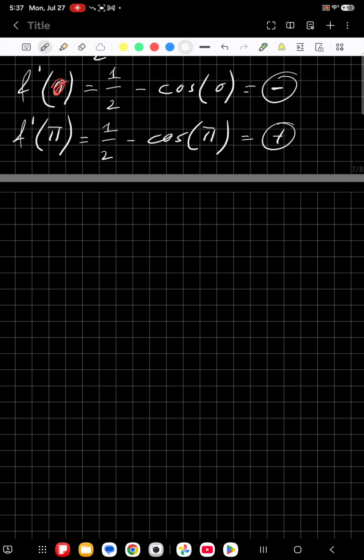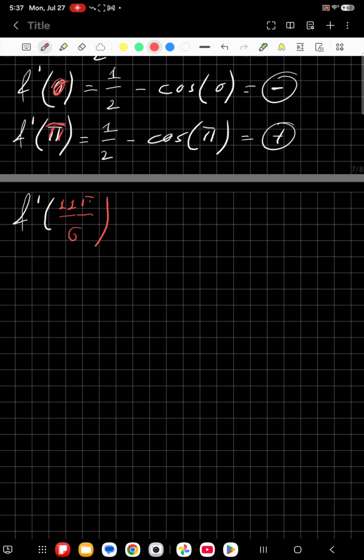All right, so the last one, and we're doing f prime of, and let's make it red, 11 pi over 6. Right, I just picked that 11 pi over 6 arbitrarily, right?